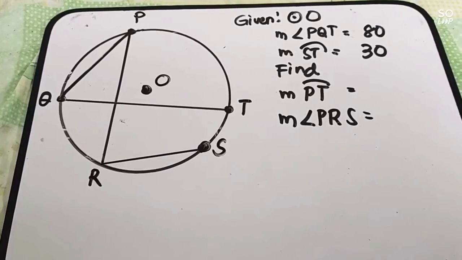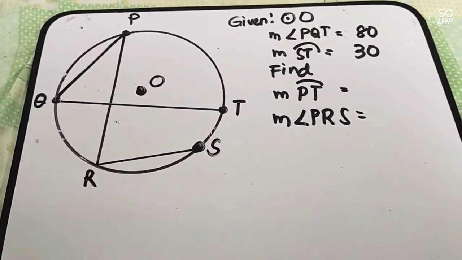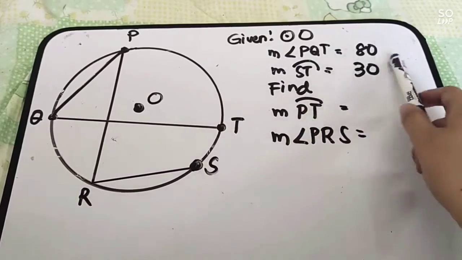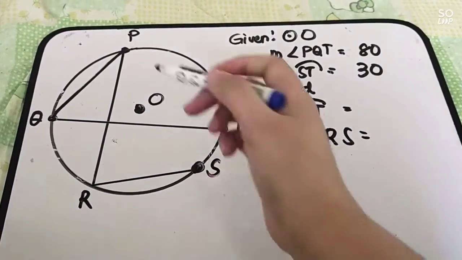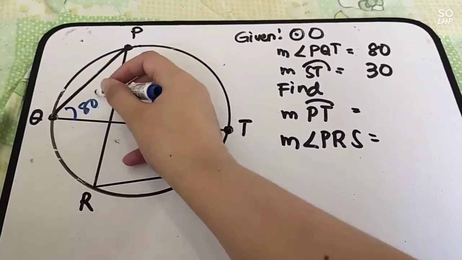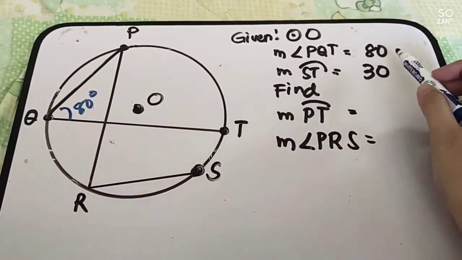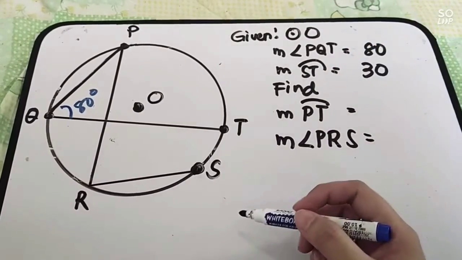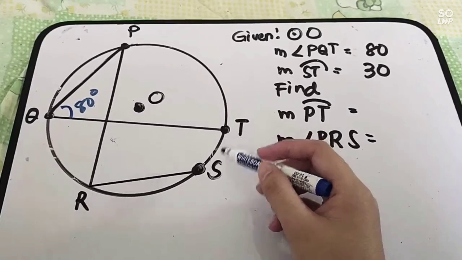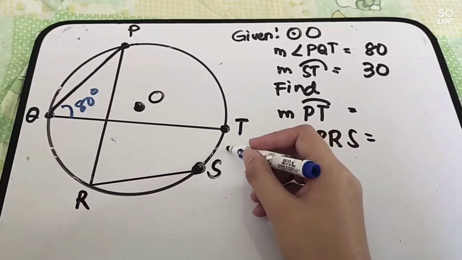Let's have another example. Consider circle O here. We have a given: the measure of angle PQT is 80. Si PQT daw po is 80 degrees. Dito, hindi na nilagyan ng degree kasi may measurement naman. Then, the measure of arc ST is equal to 30 degrees.